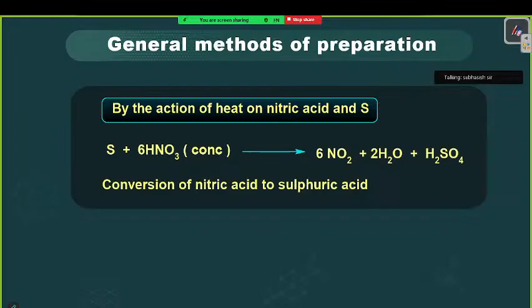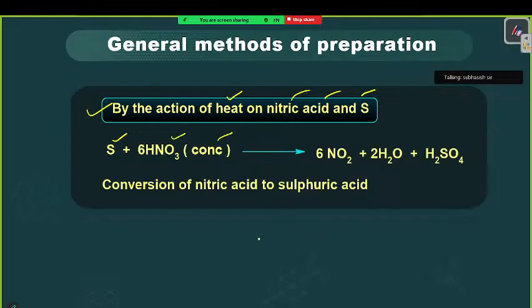First, we can convert nitric acid into sulfuric acid by the reaction between elemental sulfur and concentrated nitric acid. Here, by the action of heat, sulfur reacts with concentrated nitric acid.